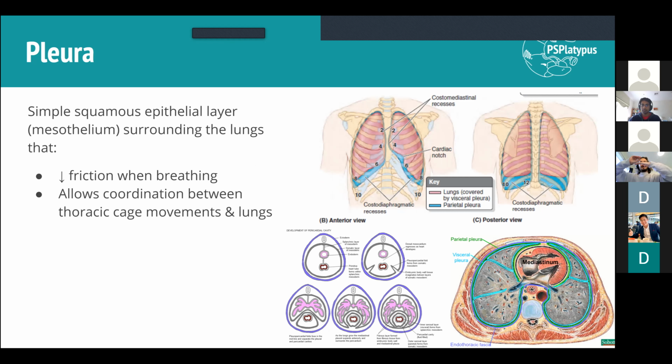Between the 2 layers, we've got, oh my goodness, I'm blanking on the fluid. Parietal fluid? I'm not too sure. I'm sorry, I'll get back to this. But basically there's a very small amount of fluid that's connecting the 2. And that basically enables them to.